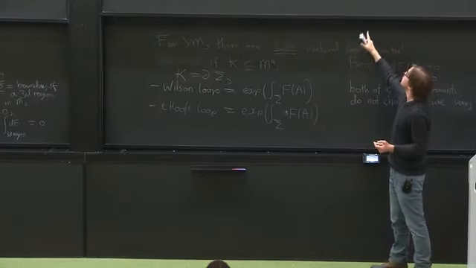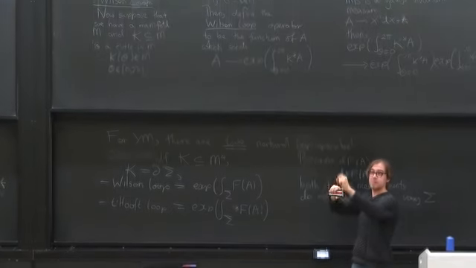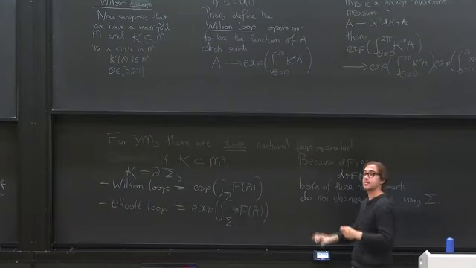On the other hand, with the other definition of Wilson loop, where I just exponentiate the integral, there's no particular reason for that to be trivial if my circle cannot be filled in.